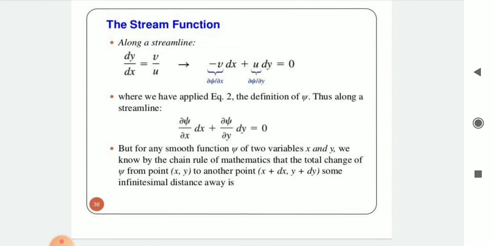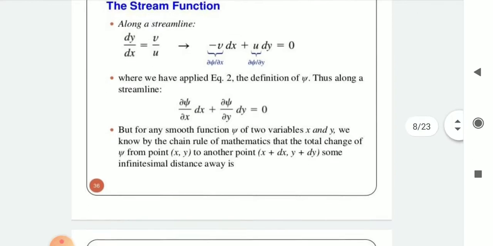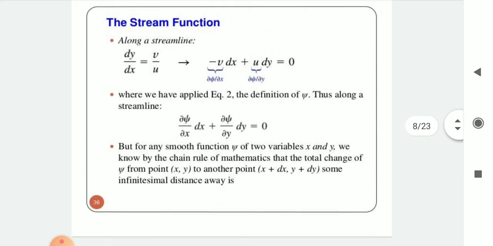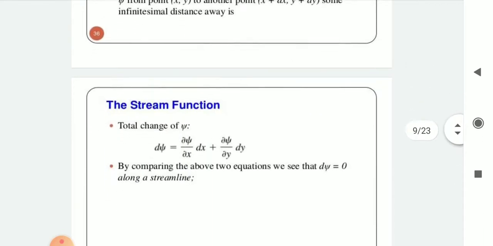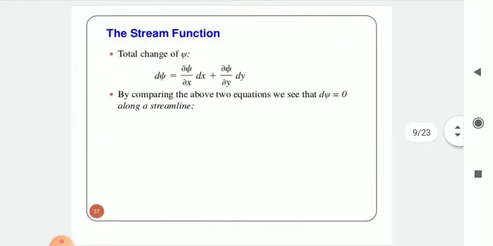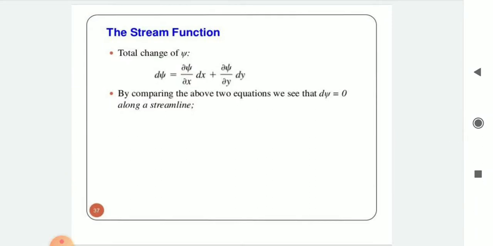But for any smooth function psi of two variables x and y, we know by the chain rule of mathematics that the total change of psi from point x, y to another point x plus dx, y plus dy, some infinitesimal distance away, is d psi equal to d psi by dx into dx plus d psi by dy into dy. By comparing the above two equations, we see that d psi is equal to 0 along a streamline.